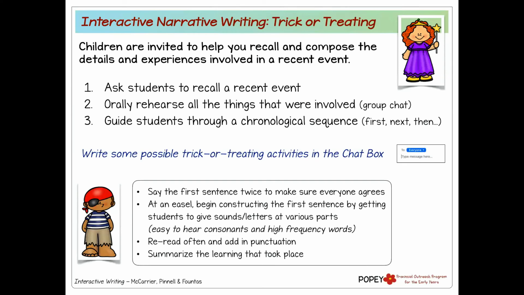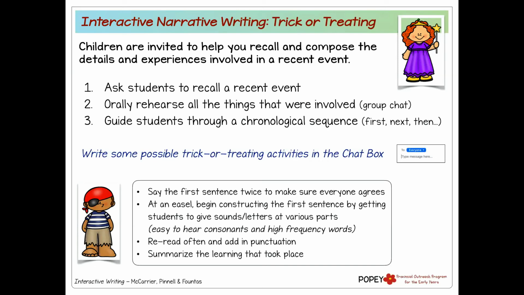a group product. So how we can do this in the classroom is we can say the first sentence. We want to make sure everyone agrees with it. How does it flow? We can, of course, get our students to be part of that process by sharing the pen, depending on our students and what level they are and what their abilities are. We can have them input high frequency words.